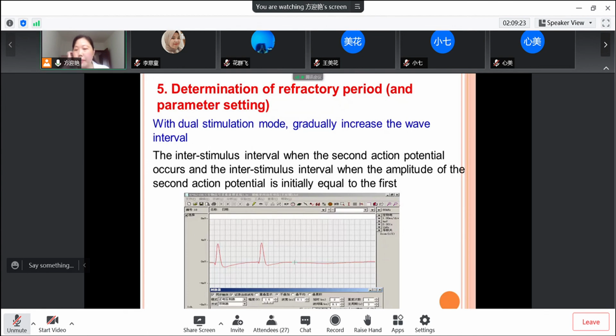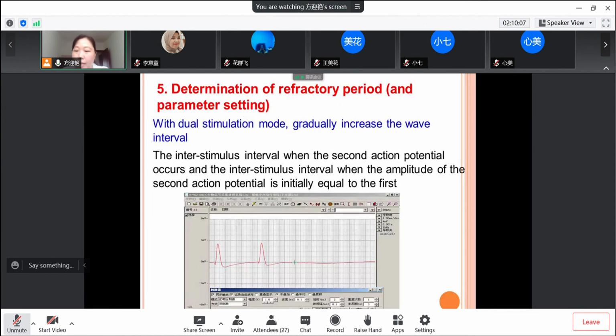Do you understand? So I hope you understand that. When the interval between the two stimulations is very long compared with the refractory period, and then we shorten the interval, the second action potential moves nearer to the first action potential, and when the second action potential disappears, we can calculate this time, and it means the refractory period.